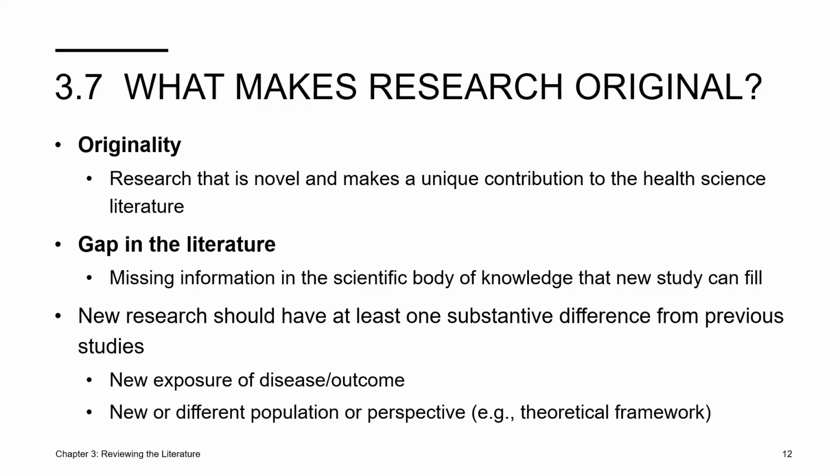You want to find some way that what you're doing fills a gap in the literature. It should have at least one substantive difference from previous studies. It could be a new exposure or disease, or, like I said, a new or different population, or even a different perspective. We'll talk about theoretical frameworks later on throughout the textbook.